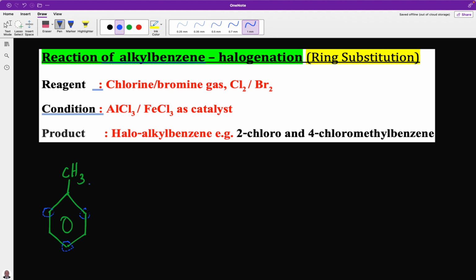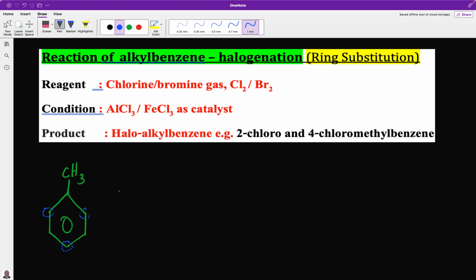That is why we say the methyl group is electron donating. It activates the ring at the positions 2, 4, and 6. It increases the electron density of the delocalized electron system of the benzene ring.